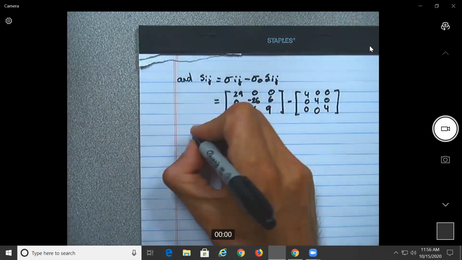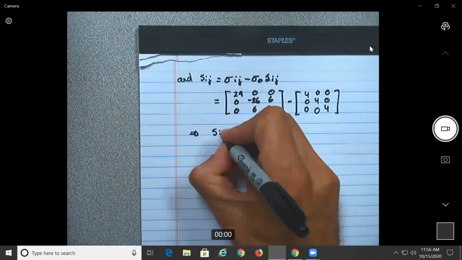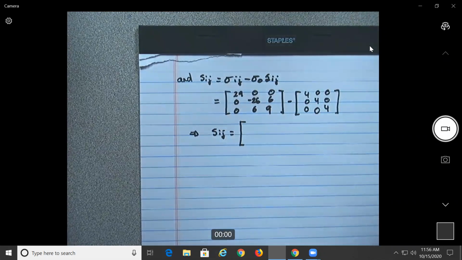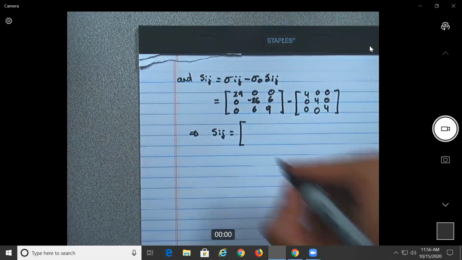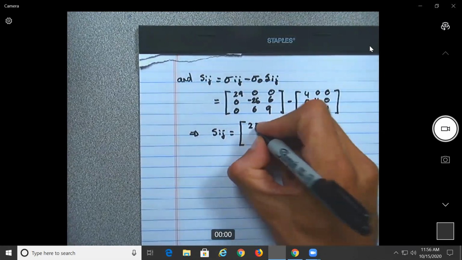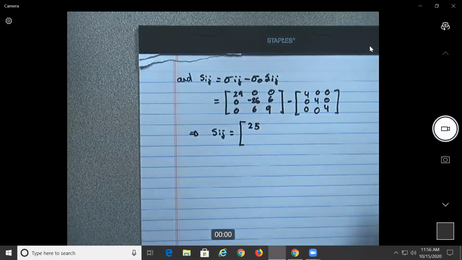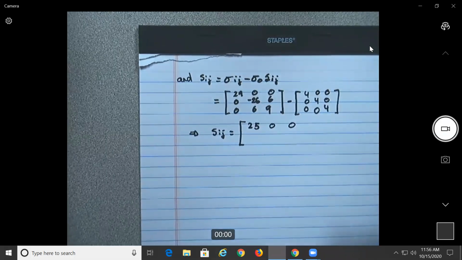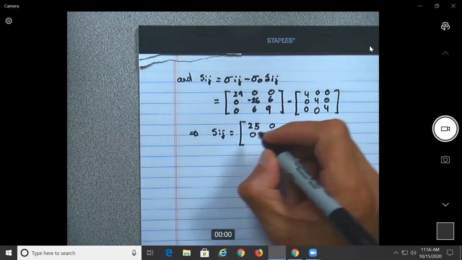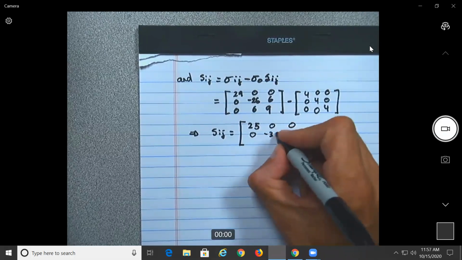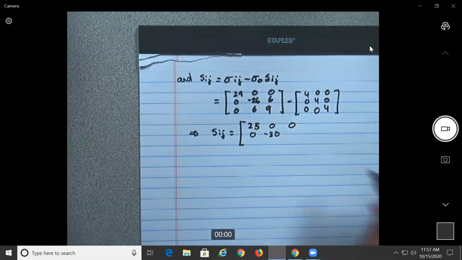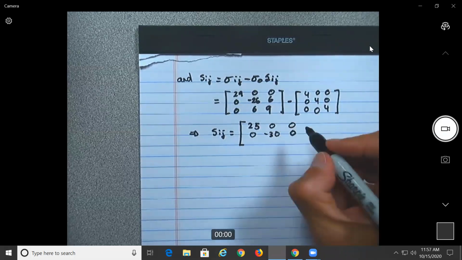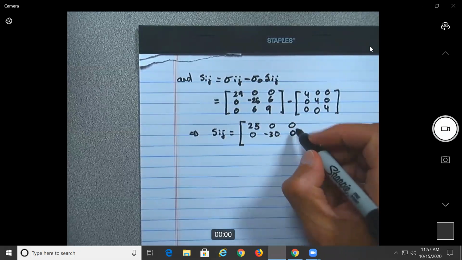So this is going to give us that Sij will be equal to 29 minus 4, 25. Then we get 0 here, 0 here, 0, negative 26 minus 4 is negative 30.